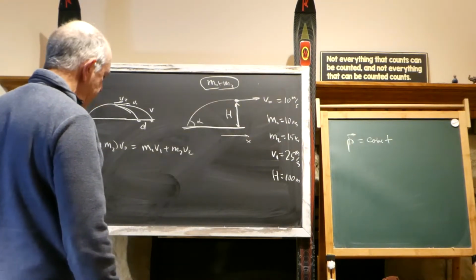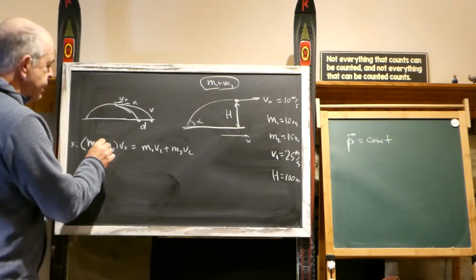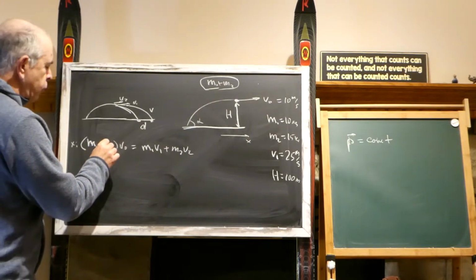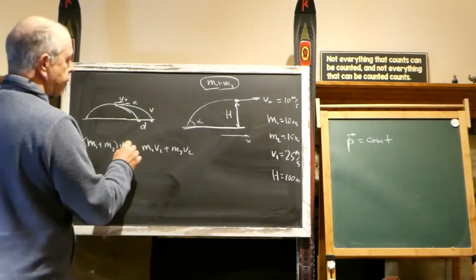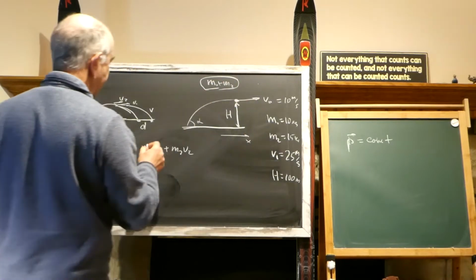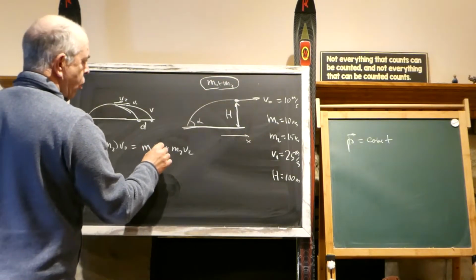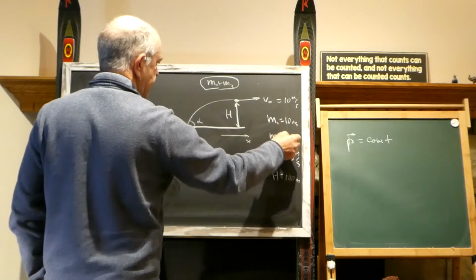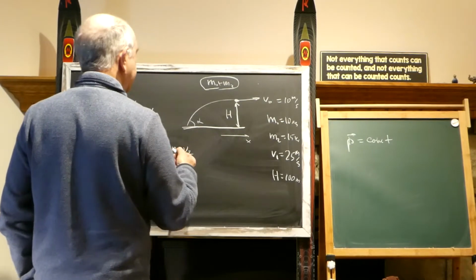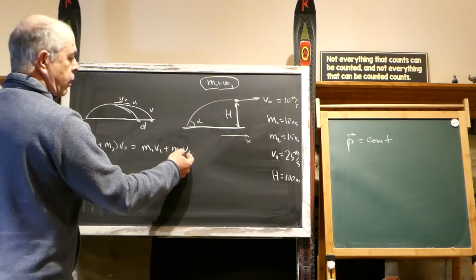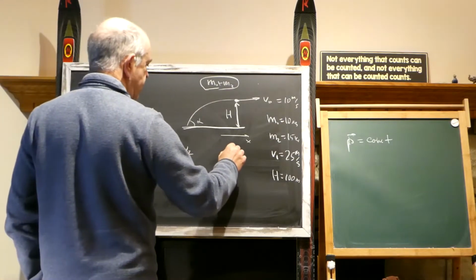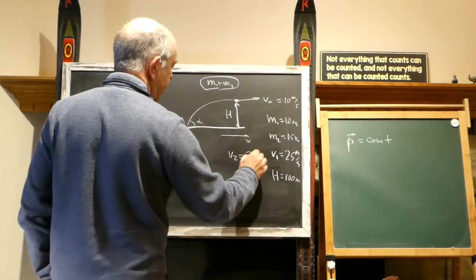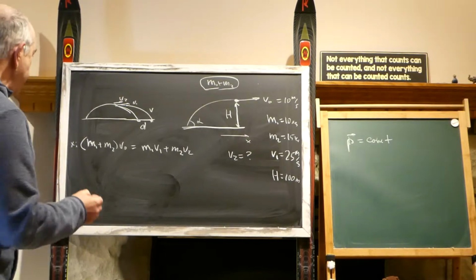And we basically immediately have m1 is known, 10, m2 is known, 15, v0 is known, 10, v1 is 25, and v2 is unknown. So v2 is the only unknown thing, and we can basically solve it right away.